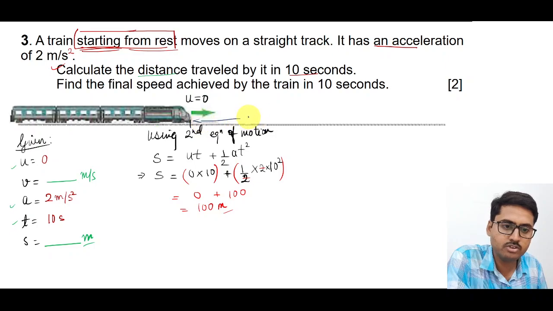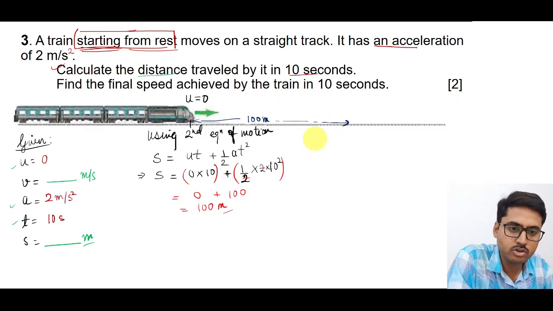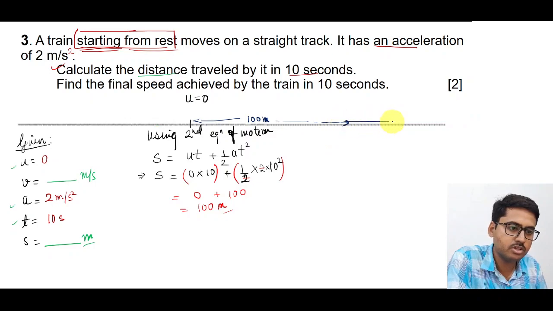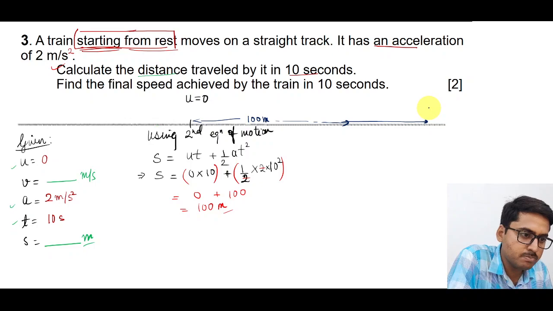That is what we have to find basically. So maybe let's say over here it has moved 100 meters. So what will be the speed of the train here?